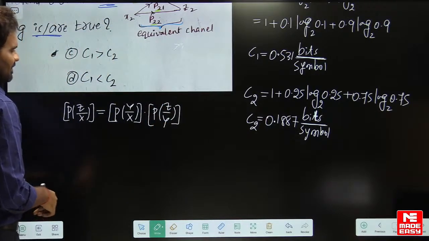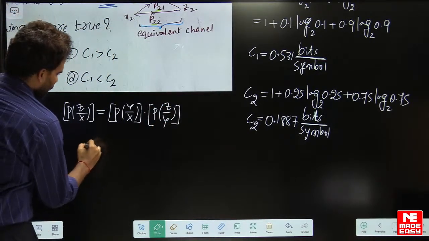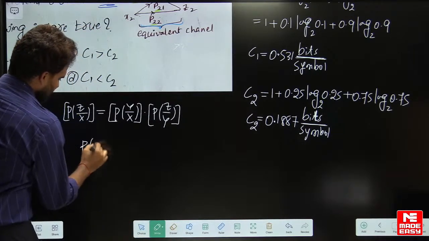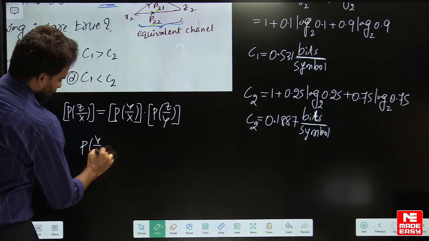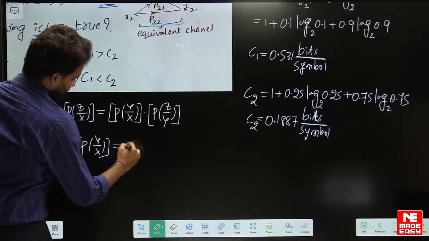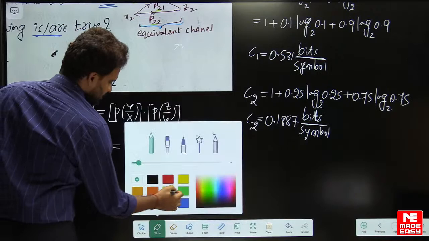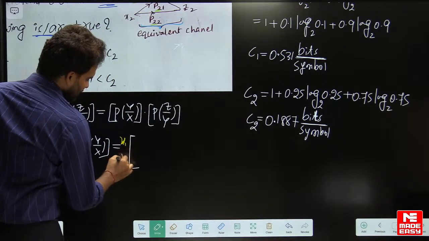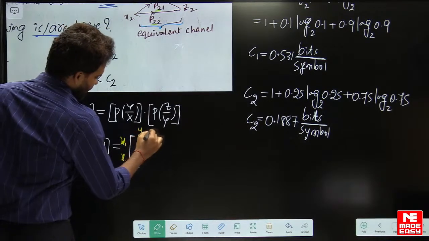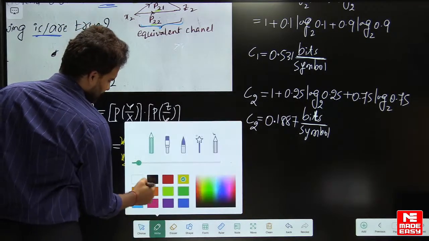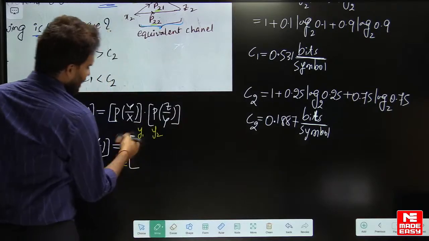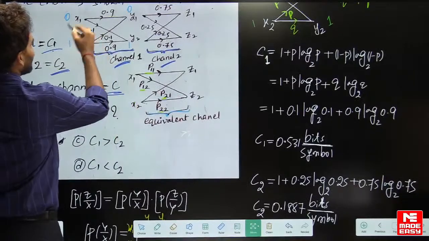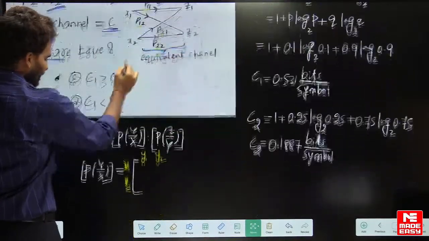If you write p y by x here, first map it like this, otherwise you will get confused. x1, x2 transmitted, y1, y2 received. What is the probability of transmitted x1 received as y1? It is 0.9.